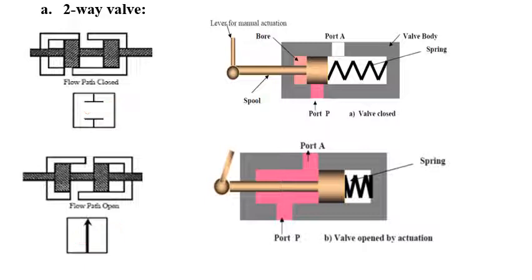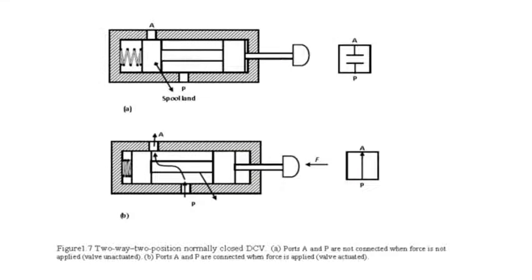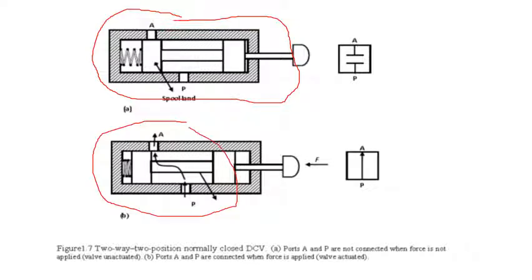So from this representation we can conclude that it is initially a normally closed valve, an NC valve. You can see the various diagrams. This is position number 1 and this is position number 2. So this representation tells us it is a normally closed valve.